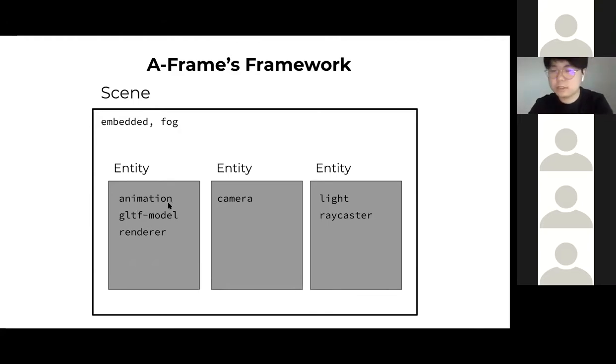It has an animation attached to make it move around. It has a renderer attached so that you can show it to the camera. This entity has a camera component, which obviously makes it behave like a camera. This entity has a light component, so it behaves like a light and emits light onto other objects around it, and so on.